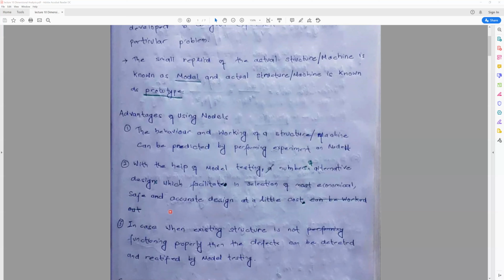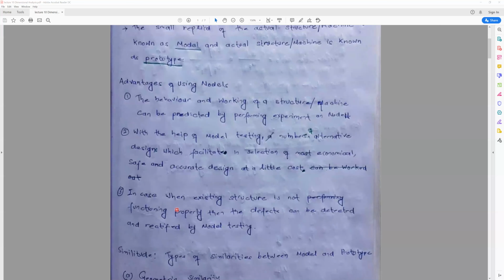To find this out, what we do is we develop different types of models, and we do investigation, and based on the results we can conclude that this particular type of design is most suitable in our situation, and it is proving to be cost effective. So in that scenario, we use a model, because constructing a model is way cheaper than constructing the real thing.